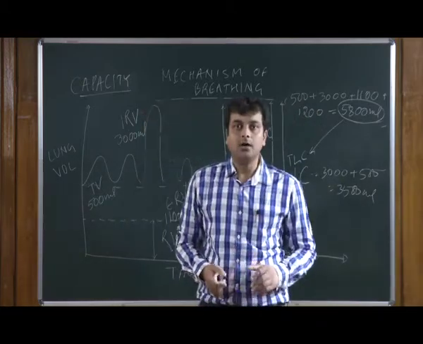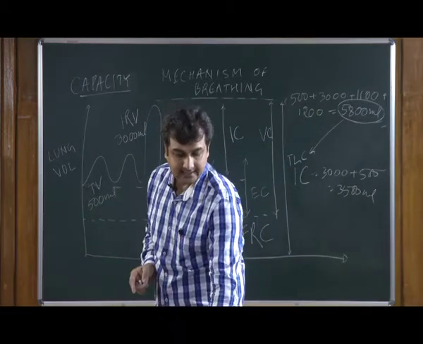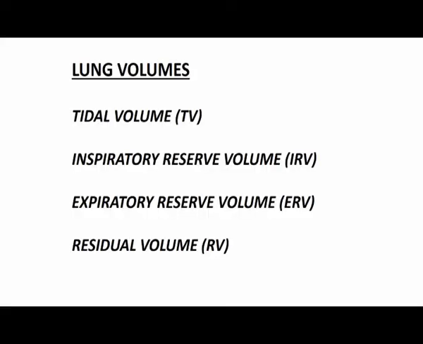Now, we will go back and see in the slide that we have total volume here, and in total volume we have tidal volume. What we are doing here is summarizing the whole phenomena which we have discussed till now in the form of slides. We have lung volumes such as tidal volume, with the short form TV.